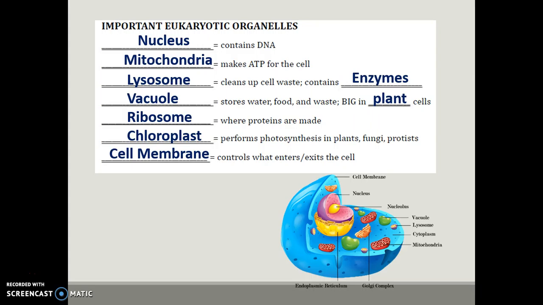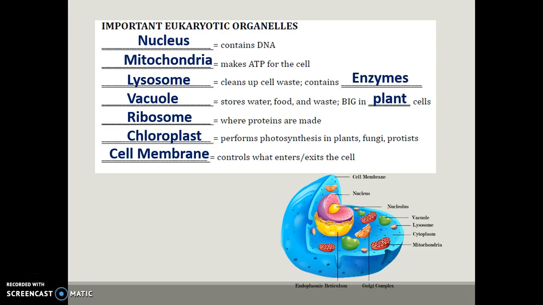Ribosomes, those are where proteins are made. You guys remember this from transcription, translation, the central dogma theory. Translation is very important with the ribosomes because that's where proteins are made, which we know is where our traits come from. Chloroplast performs photosynthesis in plants, fungi, and protists. Animal cells do not have a chloroplast. We don't need one. We don't go through photosynthesis. We don't make our own food.